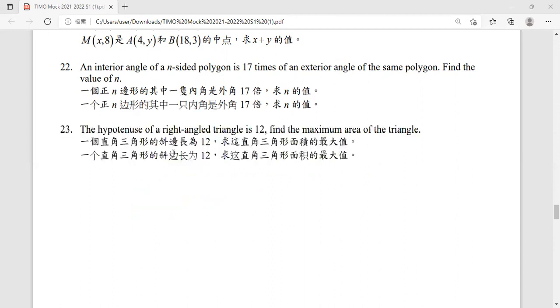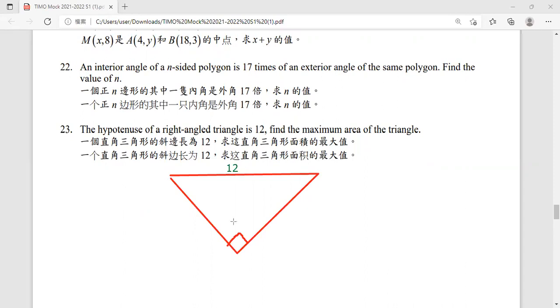Okay, question 23. This time you draw the diagram again. You try to draw the diagram again. Does it seem familiar? It's almost the same as question 19.